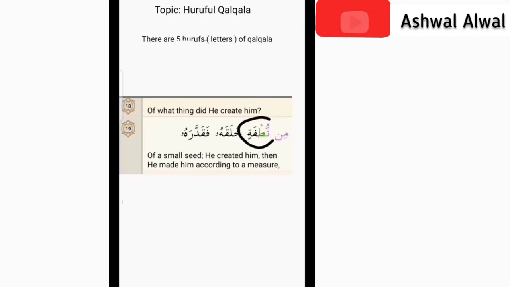As you can see, this ta here is a HURUFUL QALQALAH, right? And it is ta sukun. Assuming it is ta fatha, kesra, or dhamma, it isn't a qalqalah. It is only a HURUFUL QALQALAH where these letters possess a sukun. And now in this place, of course, our ta has a sukun, so it is a HURUFUL QALQALAH.